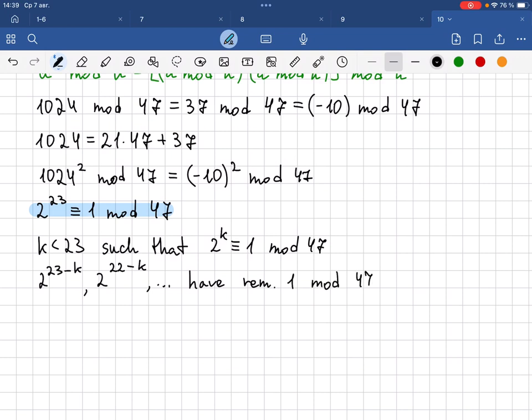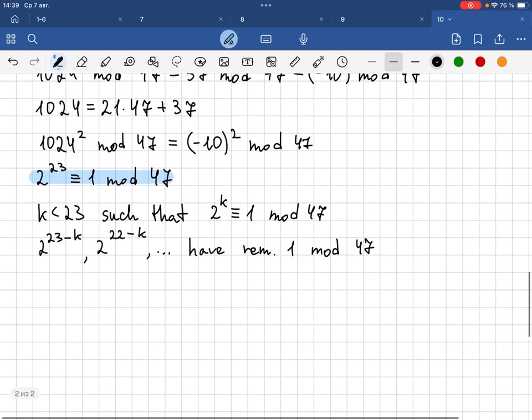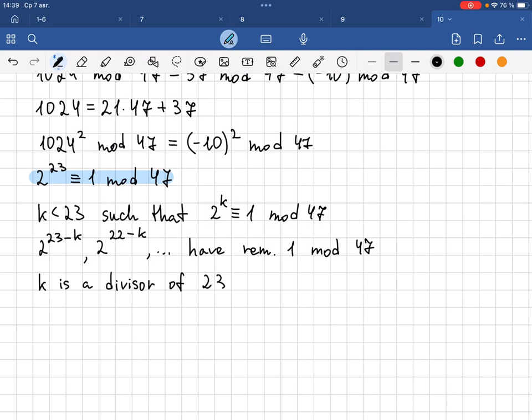Therefore, k is a divisor of 23, or there exists another number, let's name it k0, that is less than k, such that 2 to the power of k0 equals 1 mod 47.